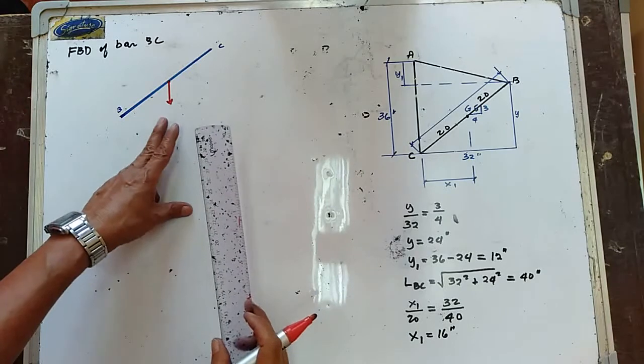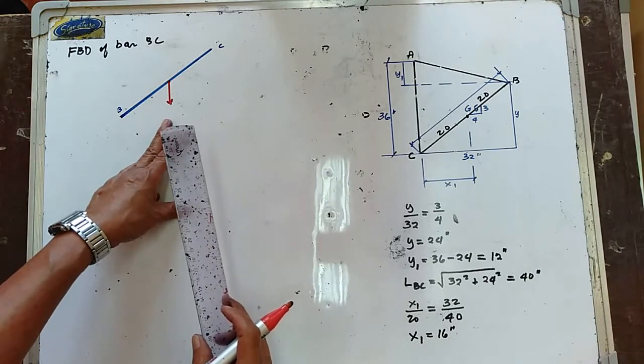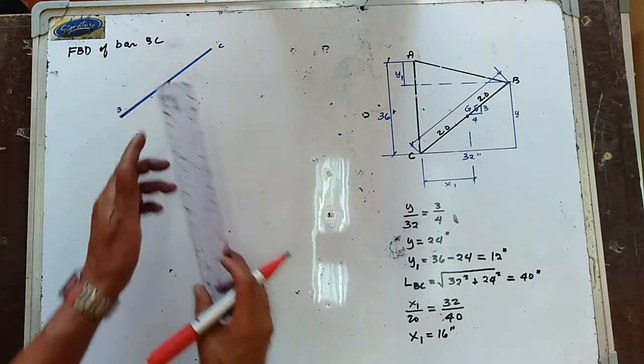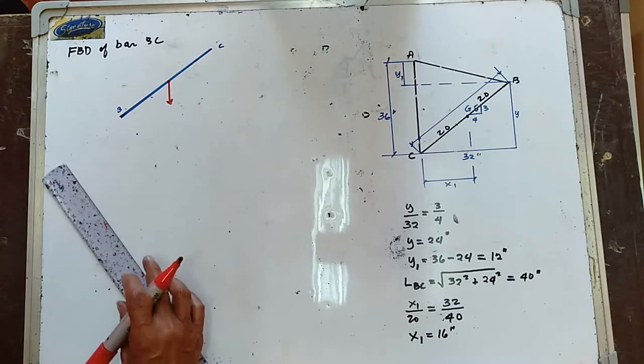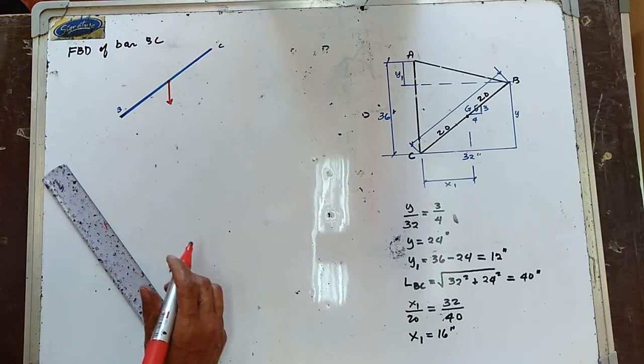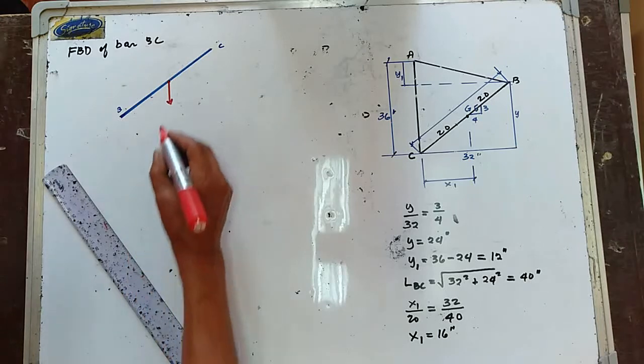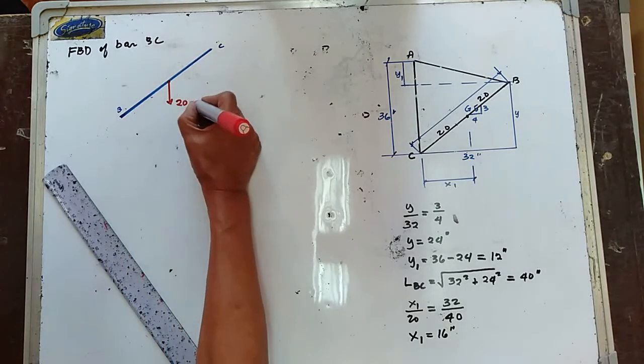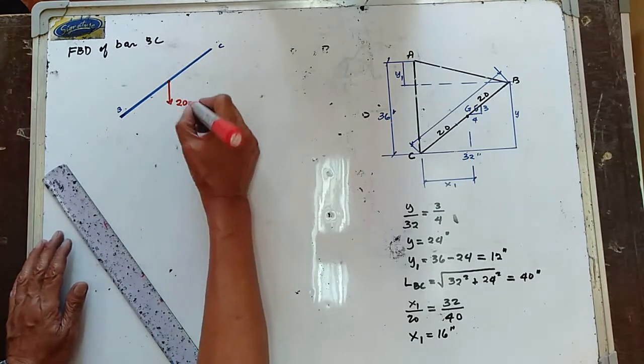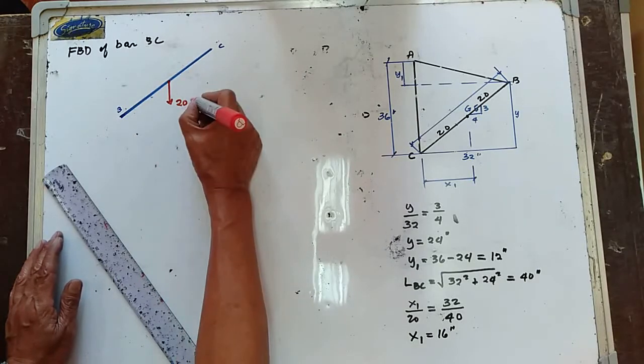Now, let us draw the free body diagram of bar BC. We have the weight of the bar, and the weight of the bar is 20 pounds.